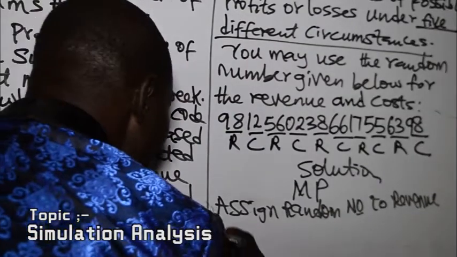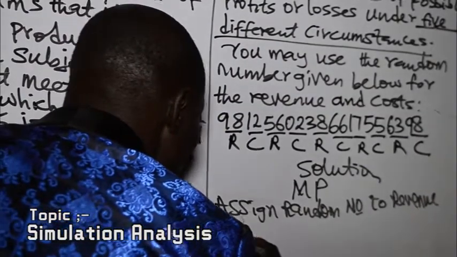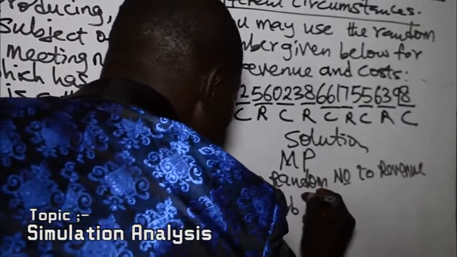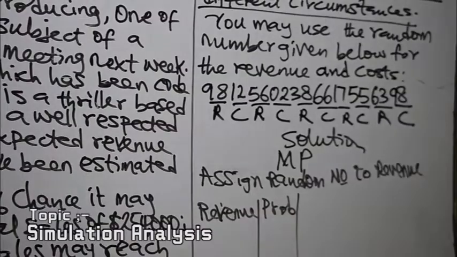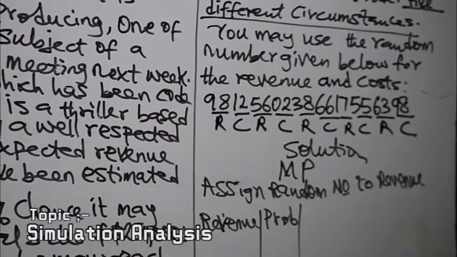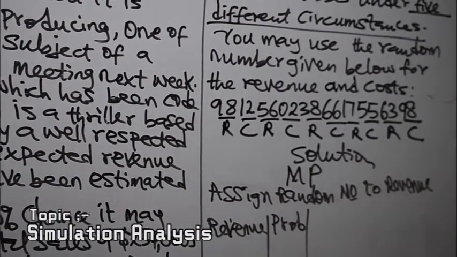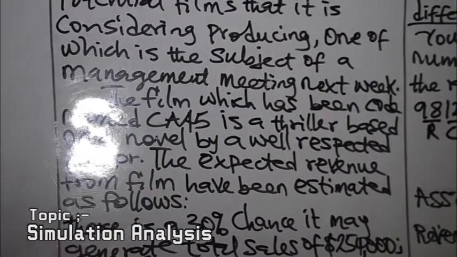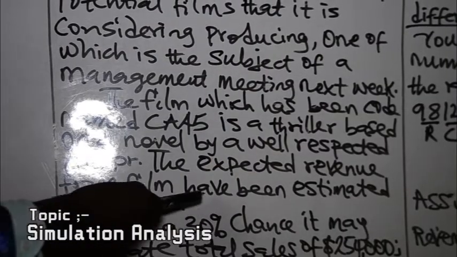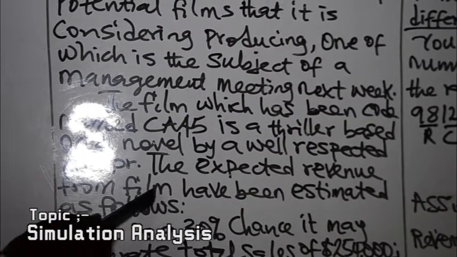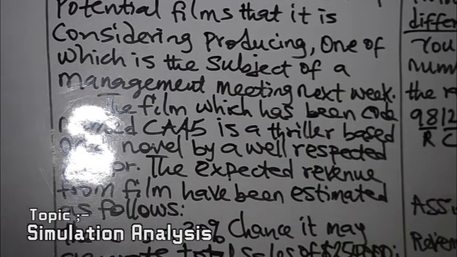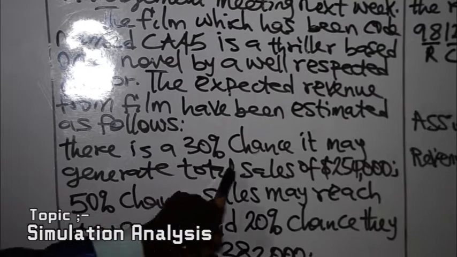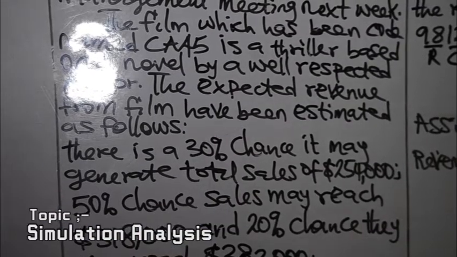So now we have our revenue and then the probability. Going to the revenue details: there is a 30% chance it may generate total sales of $254,000.